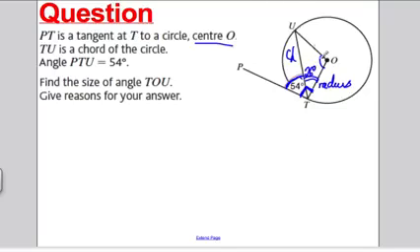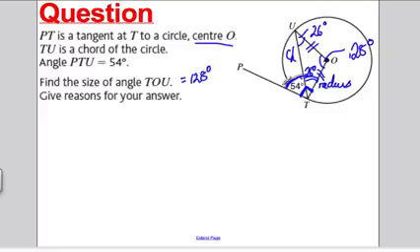Now this is a triangle made of two radiuses, so it's an isosceles triangle, so this one also must be 26 degrees. And then to get the angle at O, you do 180 minus 26 minus 26. And you get 128 degrees. So this one here is 128 degrees.